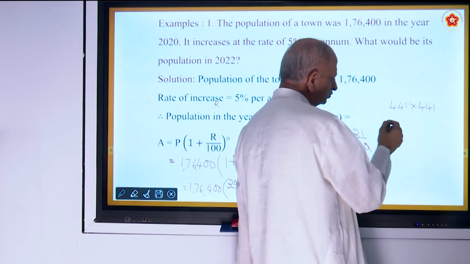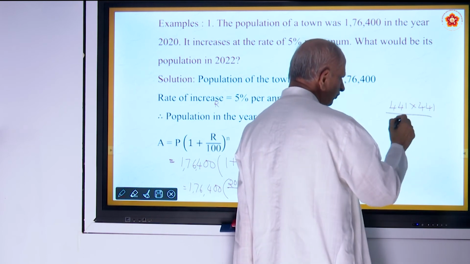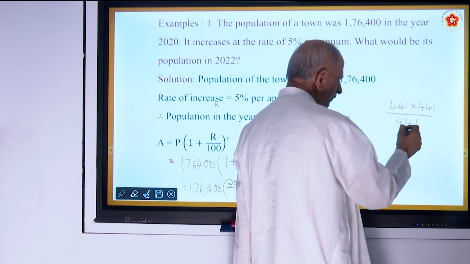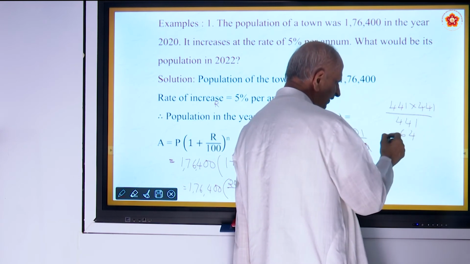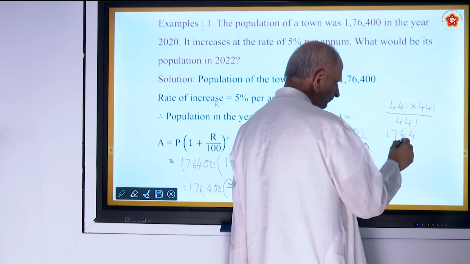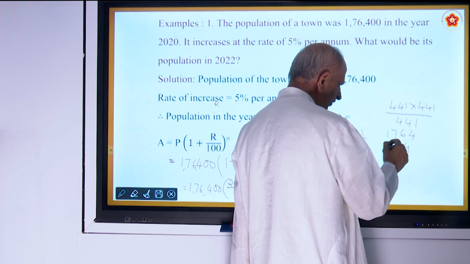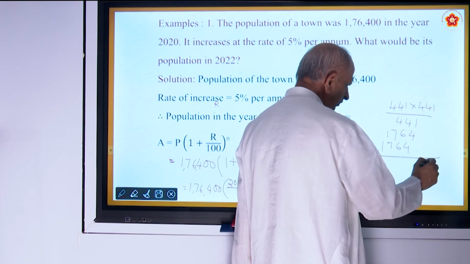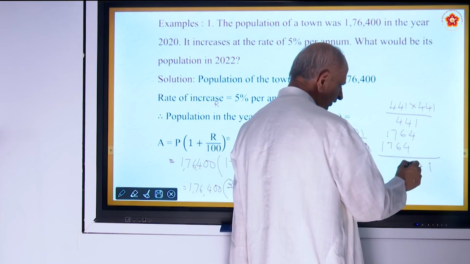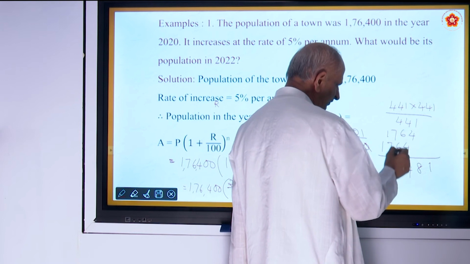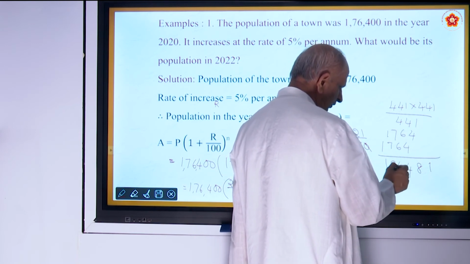Correct? So you have 441. 4 ones are 4, 4 fours are 16, 4 fours are 16 plus 1, 17. Again 4, 6, 7, 1. This will be 1, 8, 10 plus 4, 14, 7 plus 7, 14, 9, 1.